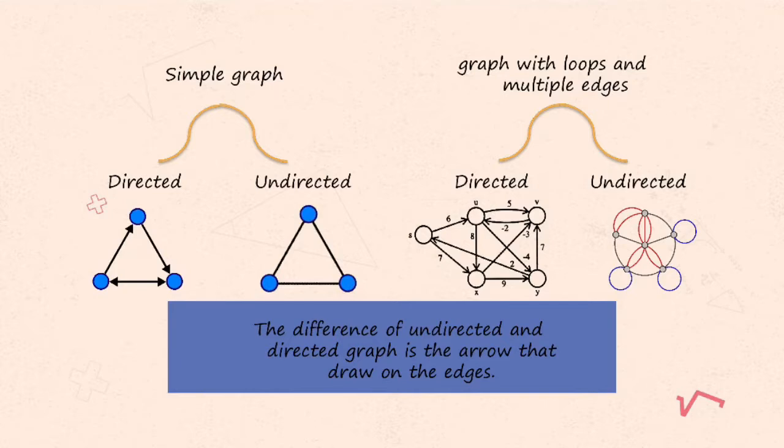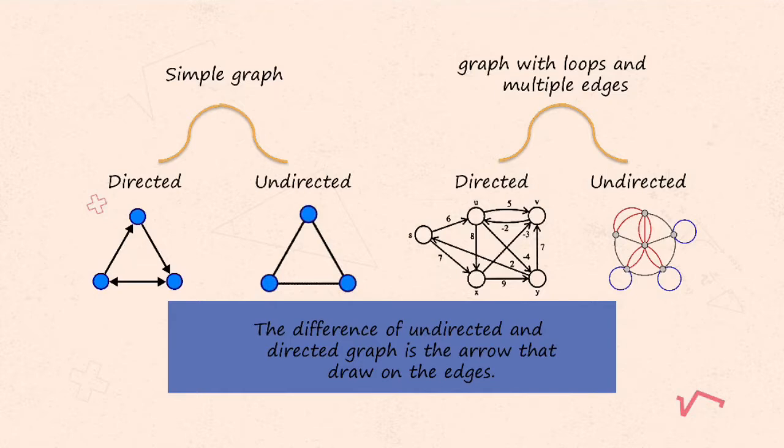Simple graphs can be undirected or directed. The picture below shows an example of it, while graphs with loops and multiple edges also have directed and undirected forms. The picture below also shows an example.